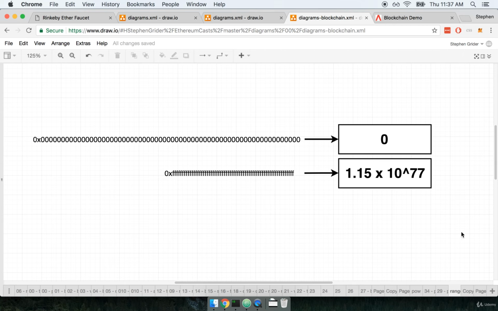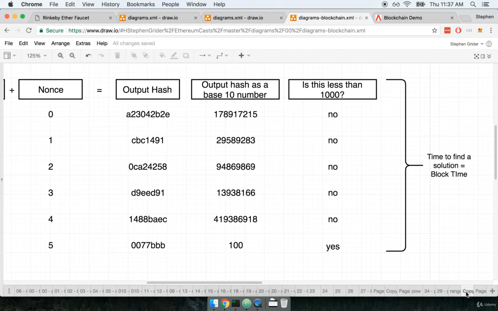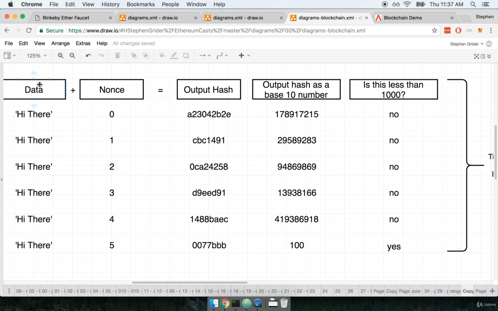Now, I said that this was kind of a critical idea to wrap your head around, and let me tell you why. I'm going to expand on that just a little bit. So the entire process of rehashing the data along with the incrementing nonce takes some amount of time. Our computers can execute many, many hashes per second, like thousands, tens of thousands, hundreds of thousands of hashes per second.